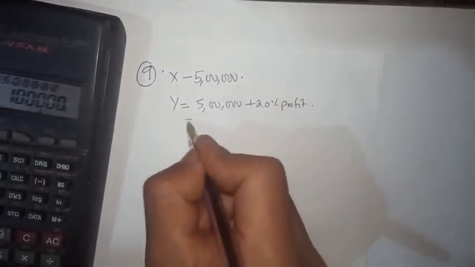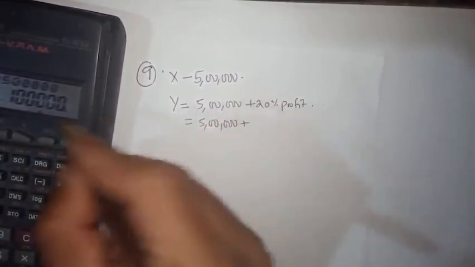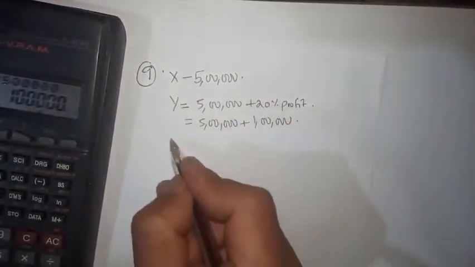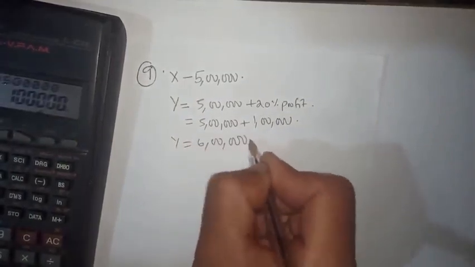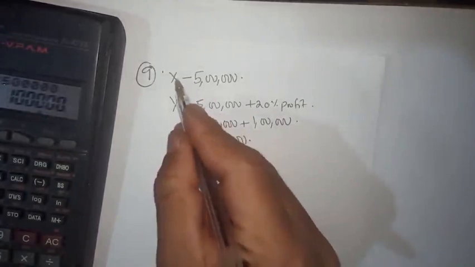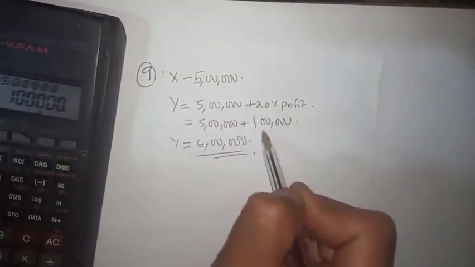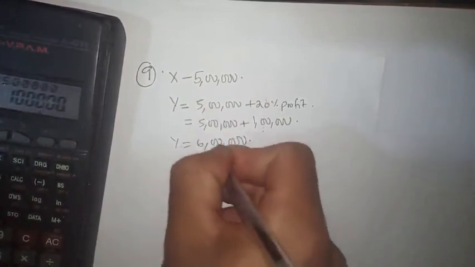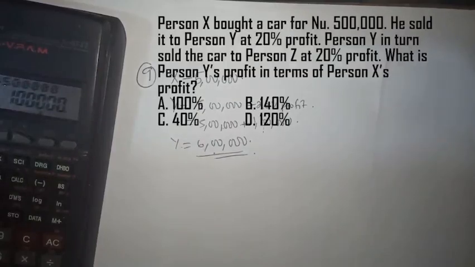So that is 5 lakh plus 20% profit, the 1 lakh. So person X sold the car to Y for 6 lakh. Person Y in turn sold the car to person Z at 20% profit.